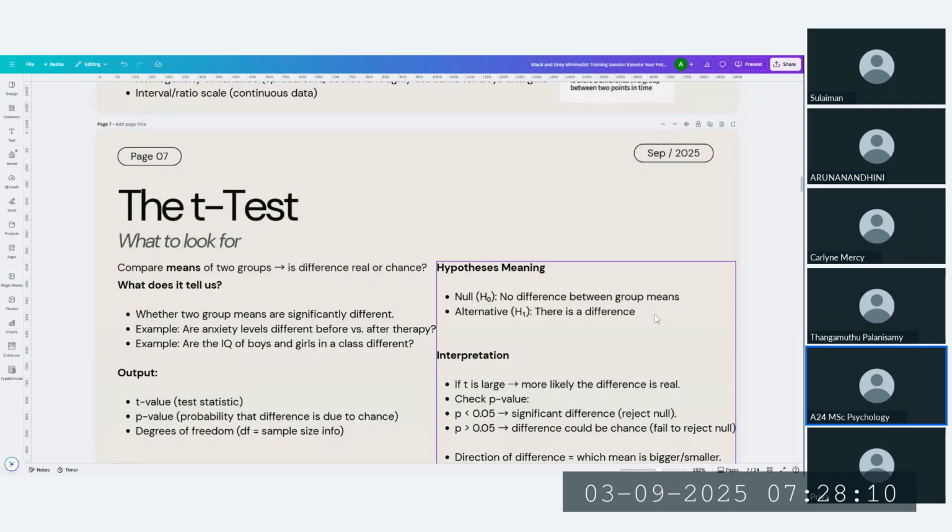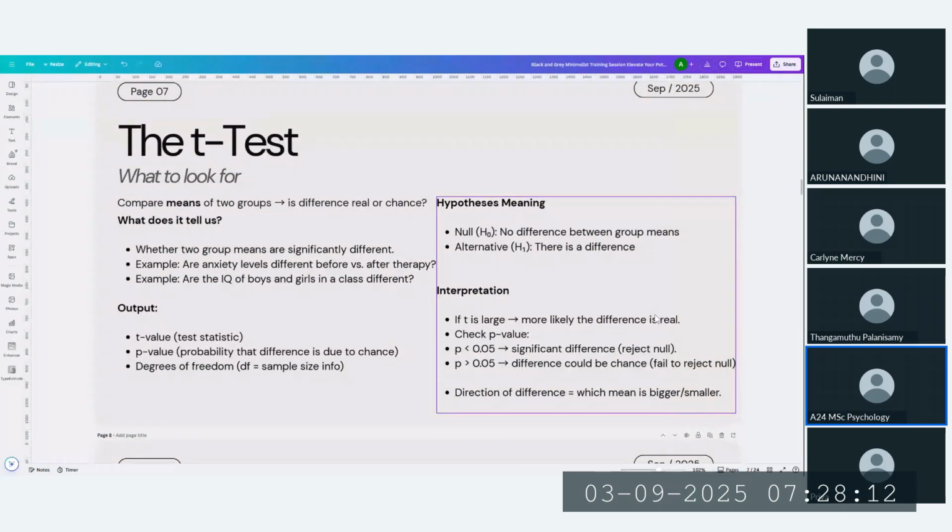When you do a t-test, has everybody understood what a null hypothesis and alternate hypothesis is from the earlier classes? It is very important to understand the difference. And it is very important to repeat, because sometimes we will get confused. It's very important that you repeat and go back and learn what a null hypothesis and an alternative hypothesis is.